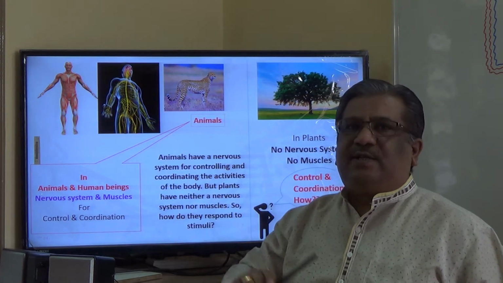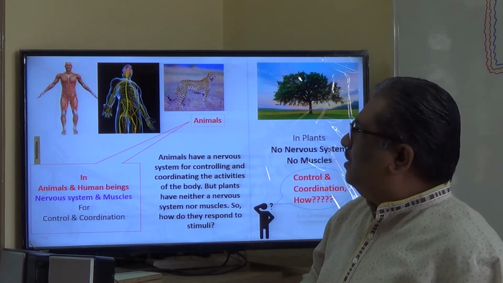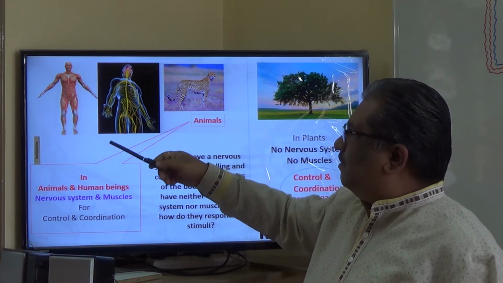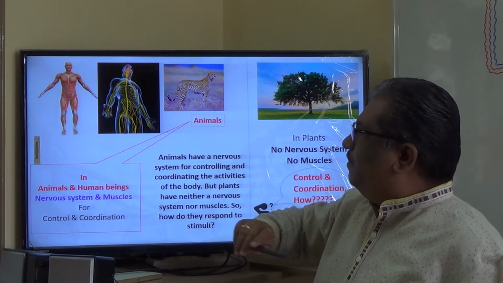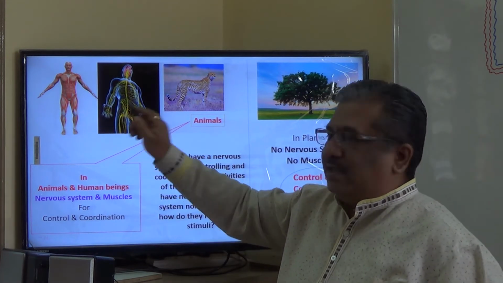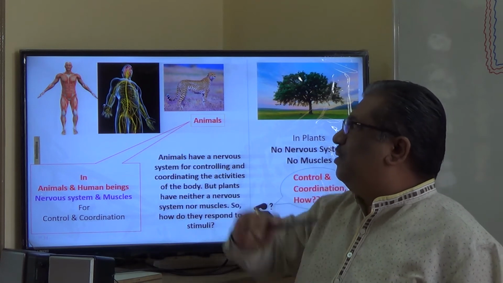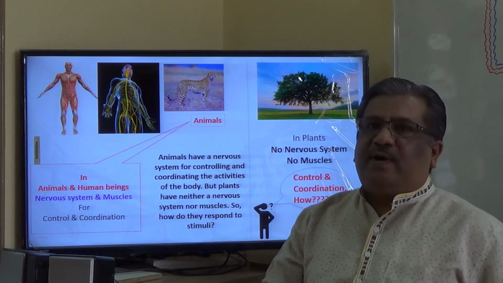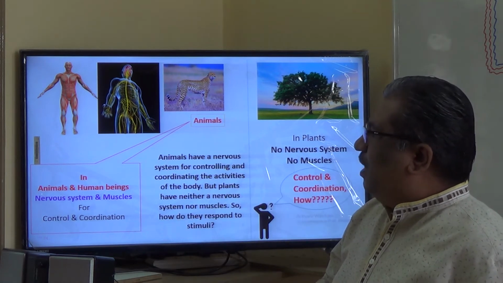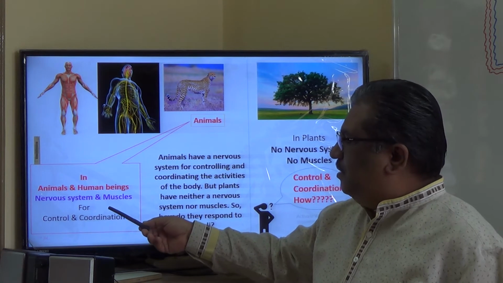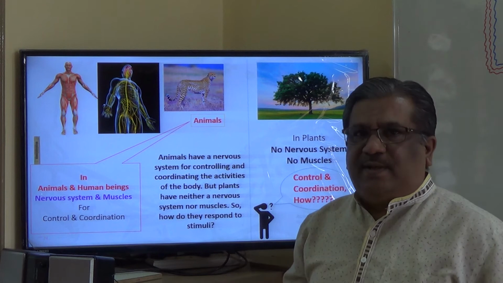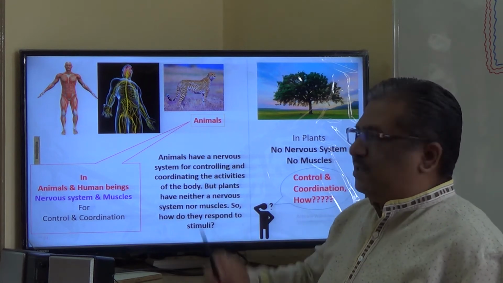These muscles are attached to the skeleton, and a network of nerves, the central nervous system and peripheral nervous system, together with the muscular system, are able to provide control and coordination in human beings. So the nervous system and muscles together provide control and coordination in human beings, and of course in animals also.